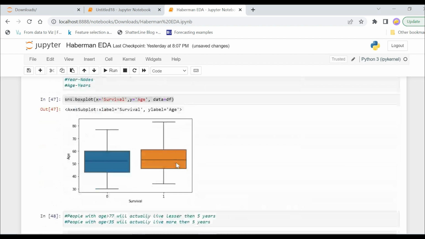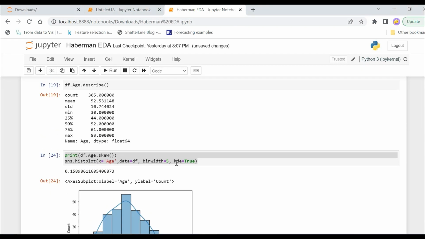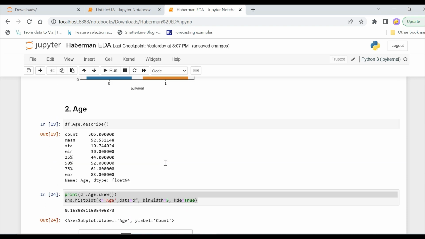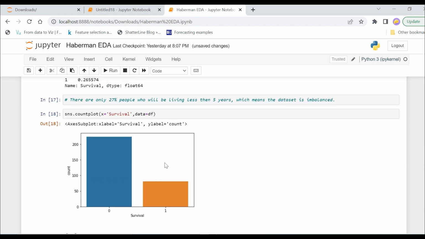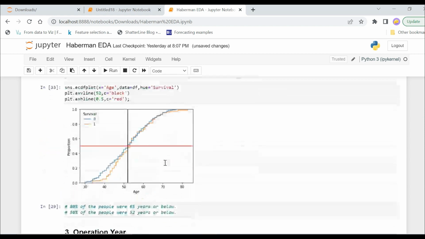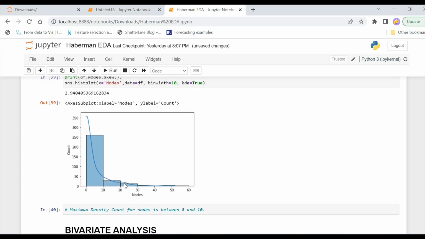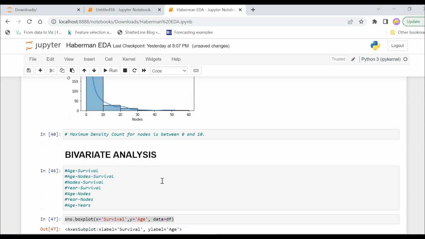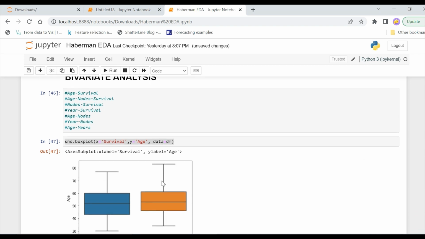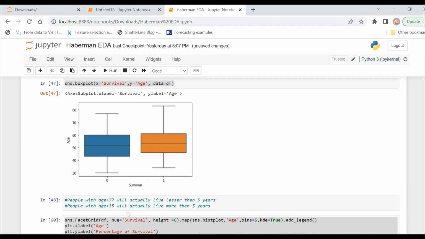And somewhere we had shown that people with age 77 will actually live less than 5 years.